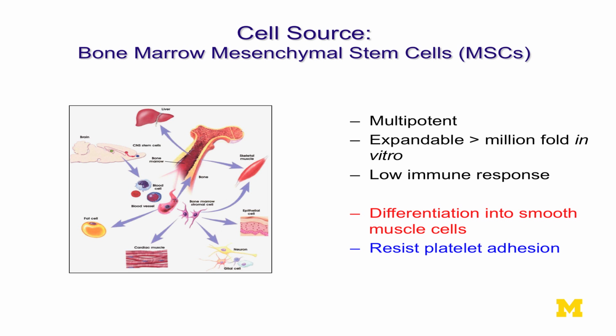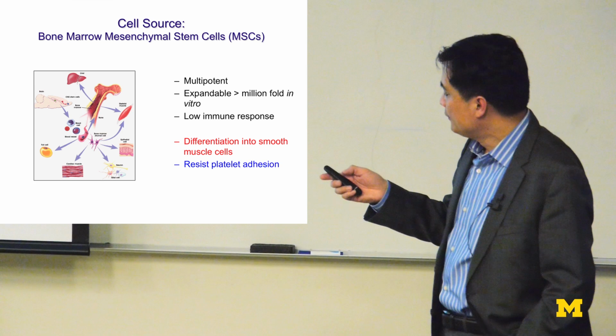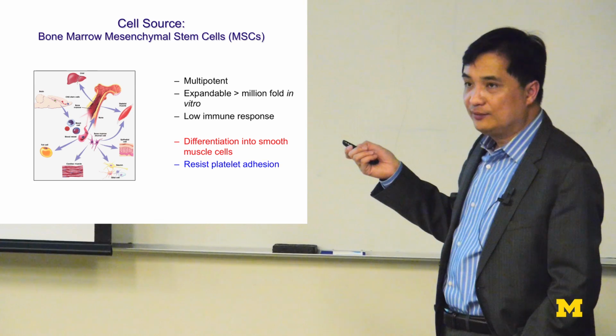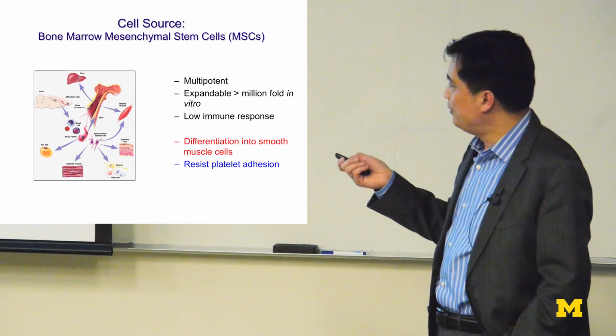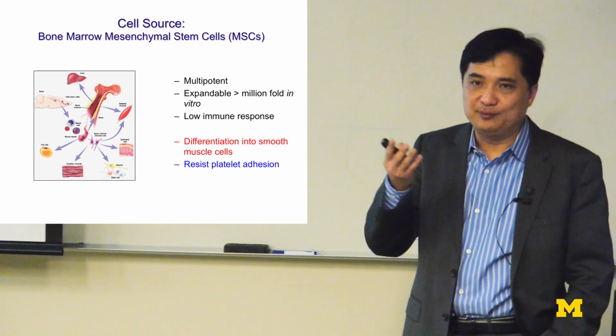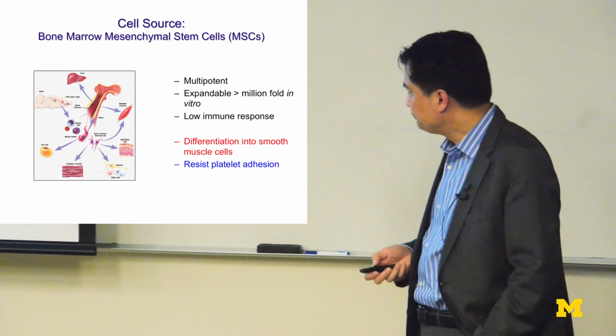And at that time, what we're trying to do is to seed some stem cells into the graft to increase biocompatibility. So we choose to use mesenchymal stem cells isolated from bone marrow because these cells have some important properties. One is that it can be expanded, and you also have very low immune response because they are derived from bone marrow and compatible with the blood cells.